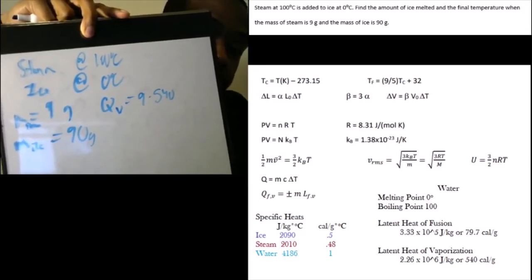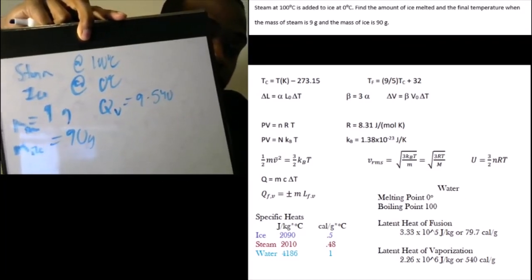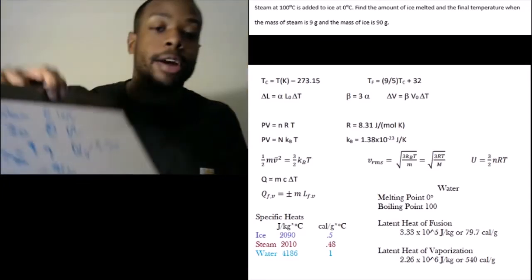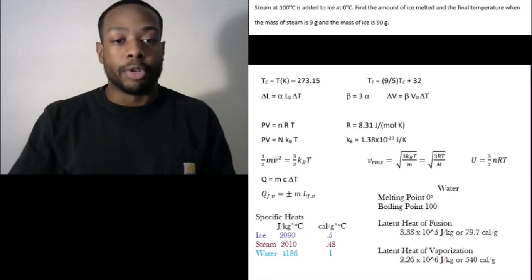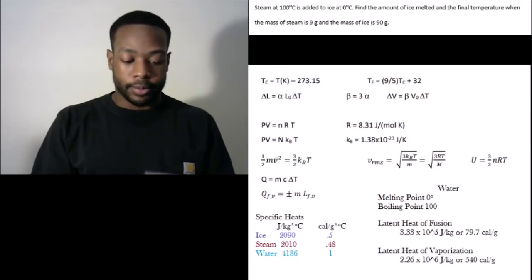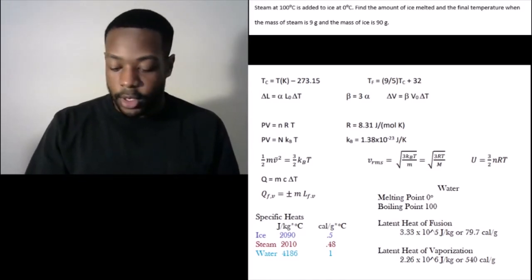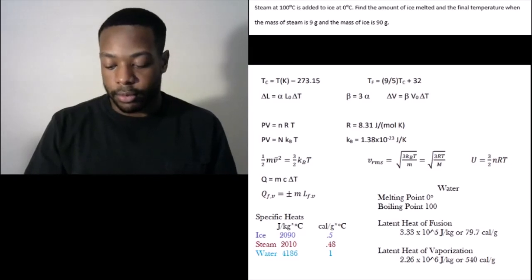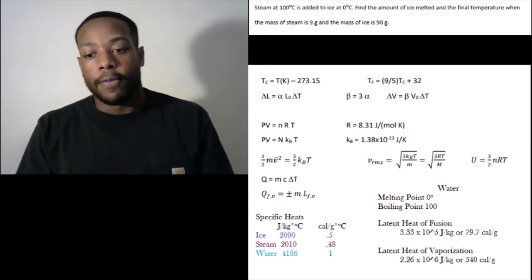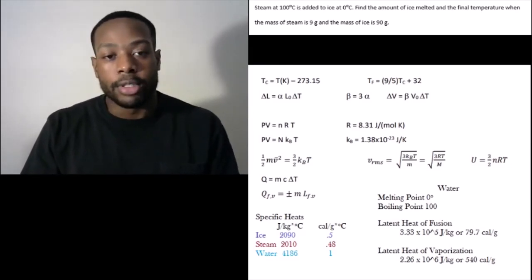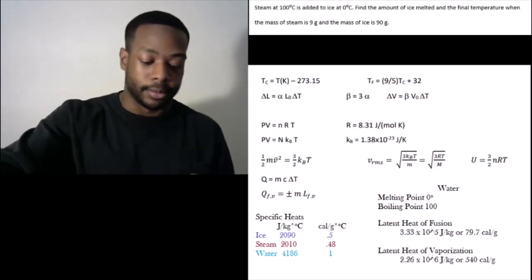We've got the mass, and we're just going to find out how much energy the steam is going to release when it condenses. So 9 times 540 gives us 4860. 4860 calories going to be released by the steam.